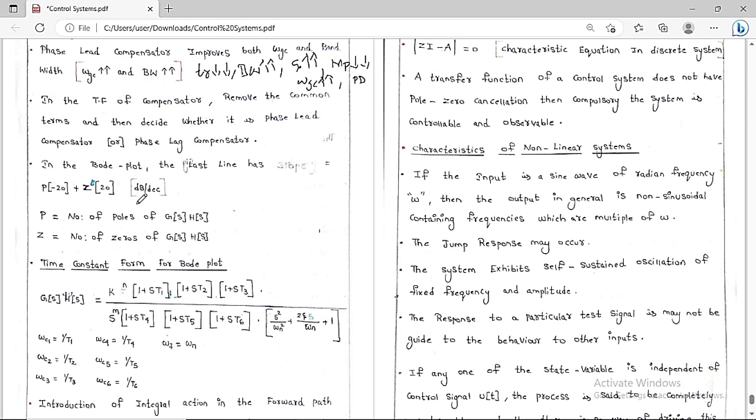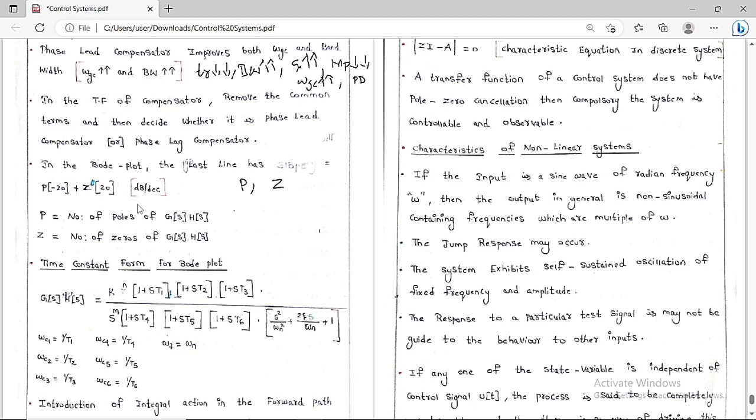The next point is, in the Bode plot, the last line has a slope which is equal to... Basically here they are asking, suppose in the Bode plot the last asymptotic line, what is the slope of this one? I already told you. In the open loop transfer function we have suppose P number of poles and Z number of zeros.